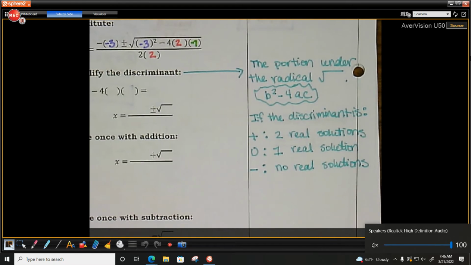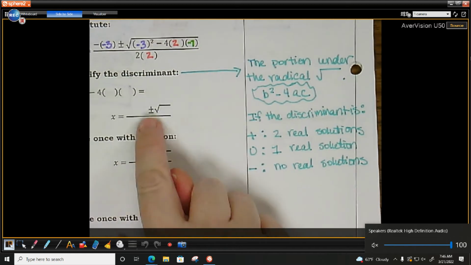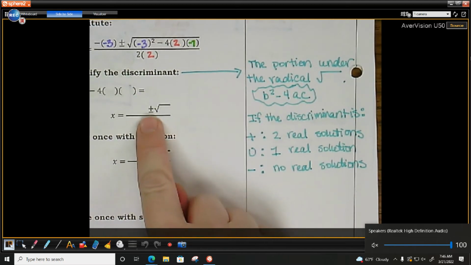Now let's talk a little bit about why this is the case. Your discriminant's under the radical sign, and in front of the radical sign you have that plus minus. Let's say the discriminant is a positive 4. What's the square root of 4? 2. So if you add 2 to a number, you get something.